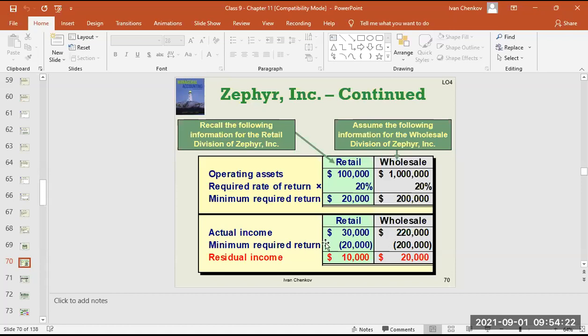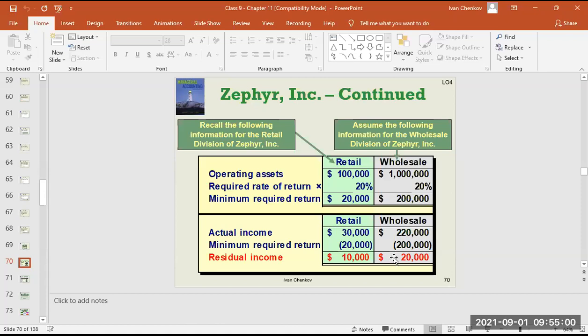Up to this point, based on the residual income, retail makes $30,000, or 10,000 above the required return. Wholesale makes 220,000, or $20,000 above the required return. Which division is more profitable for you? Wholesale?